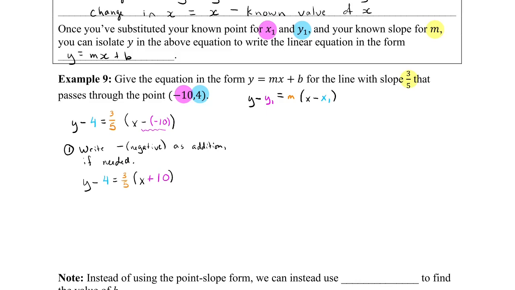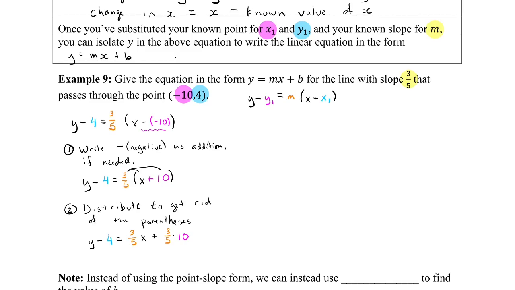Our second step is to distribute on the right to get rid of the parentheses. On the left side, we're still not doing anything. We're just going to keep y minus 4. On the right, we're distributing the 3/5. So we'll have 3/5 times x plus 3/5 times 10.